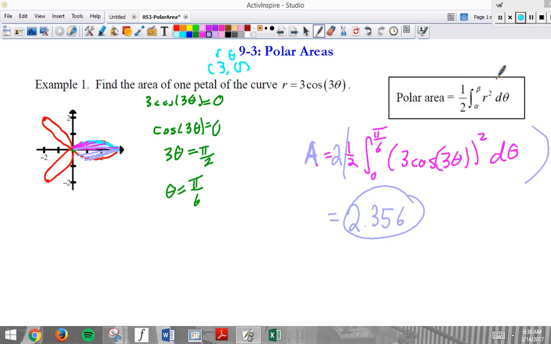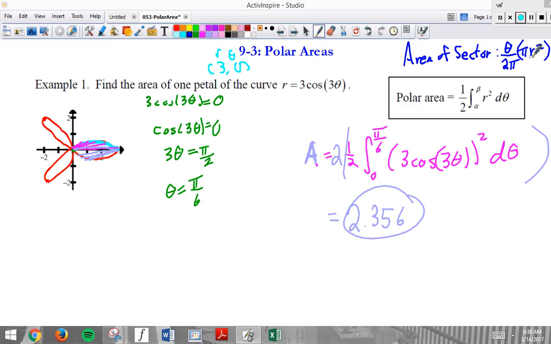This should remind you, in some way, shape, or form, of our area of a circular sector, which is theta divided by 2 pi, how much of the circle you have, times pi r squared.